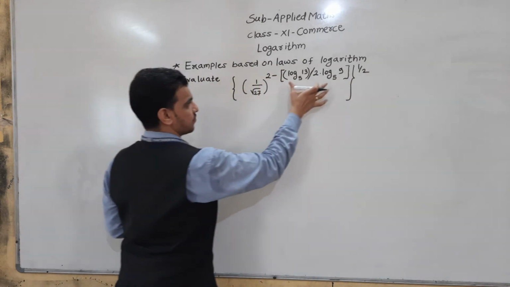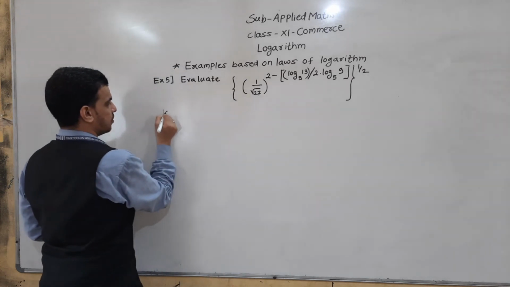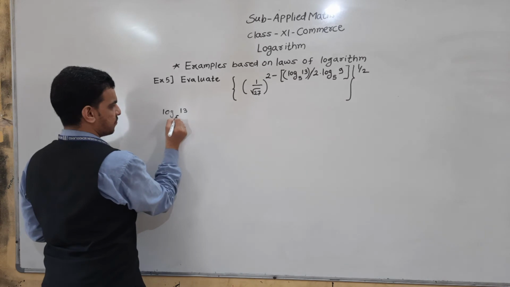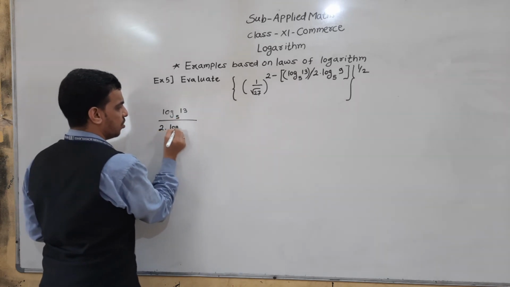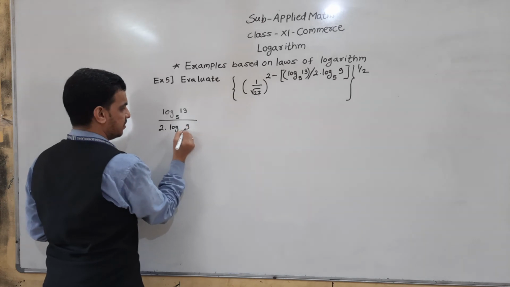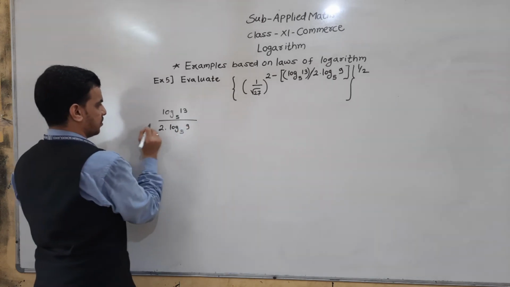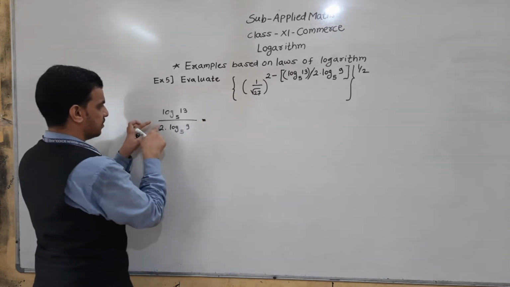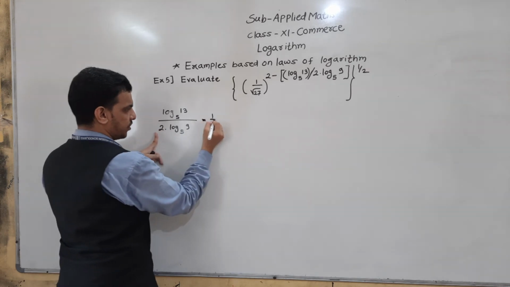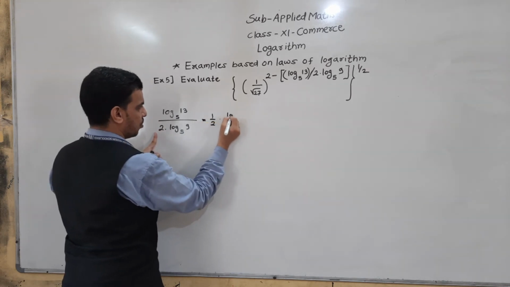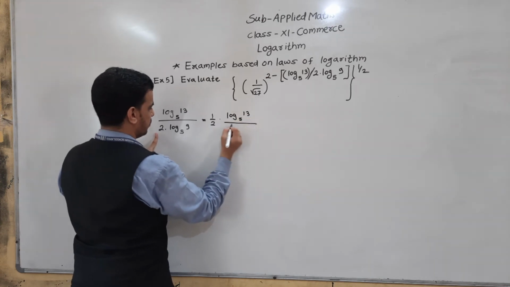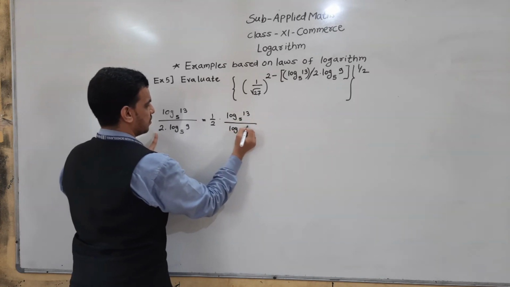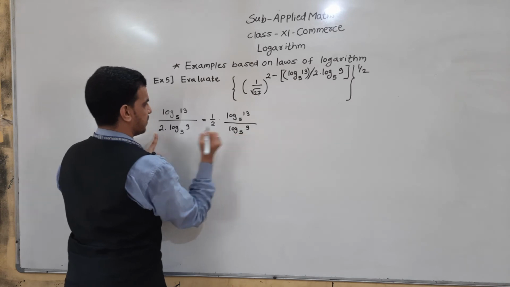First I am taking this value, log 13 to the base 5 divided by 2 into log 9 to the base 5. Okay, so this we can write 1 by 2 into log of 13 to the base 5 upon log 9 to the base 5.